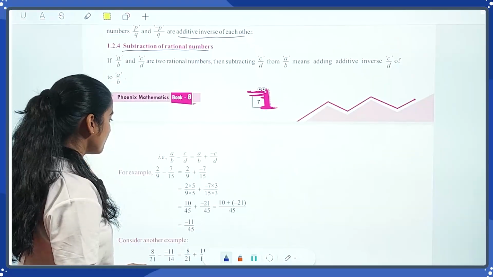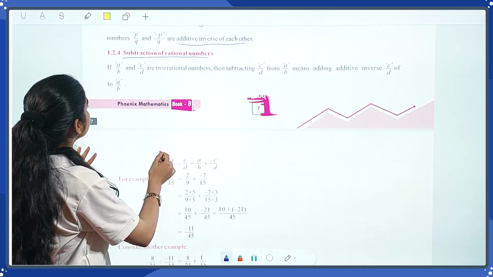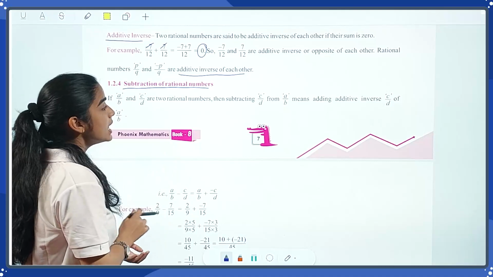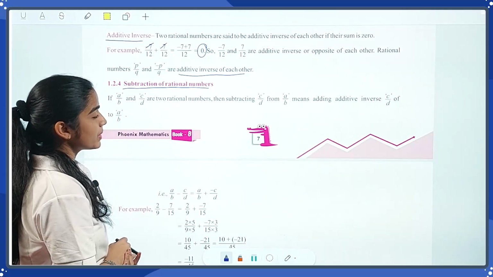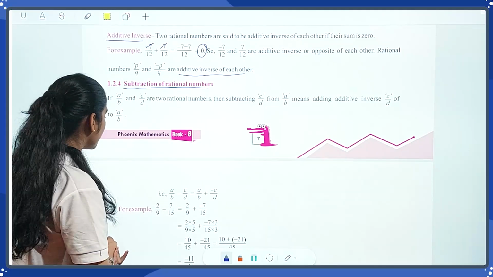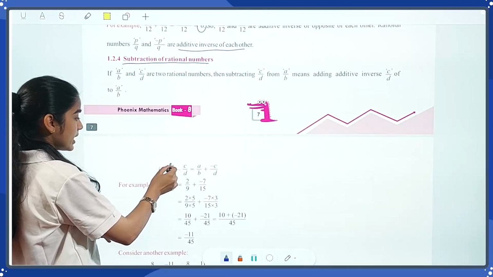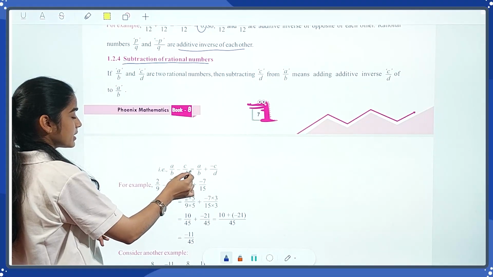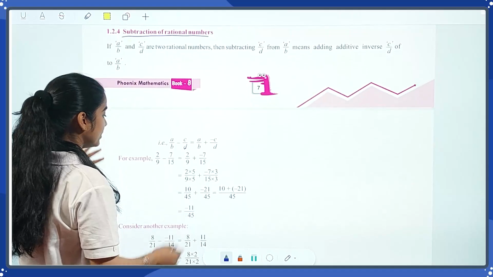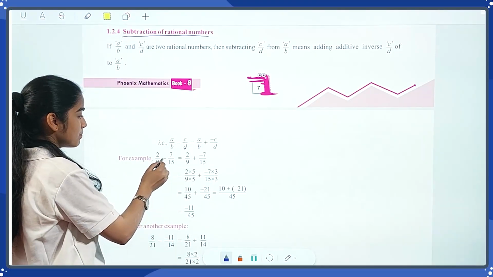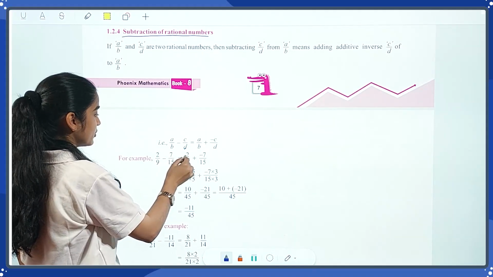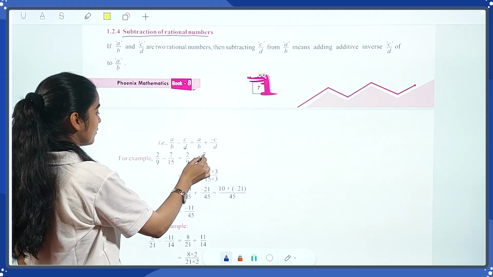If A by B and C by D are two rational numbers, then subtracting C by D from A by B means adding the additive inverse of C by D to A by B. So A by B minus C by D is equal to A by B plus minus C by D. How is it possible? Look here: 2 by 9 minus 7 by 15 means, using the additive inverse, 2 by 9 plus minus 7 by 15.